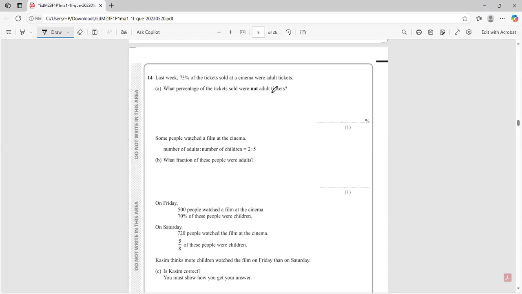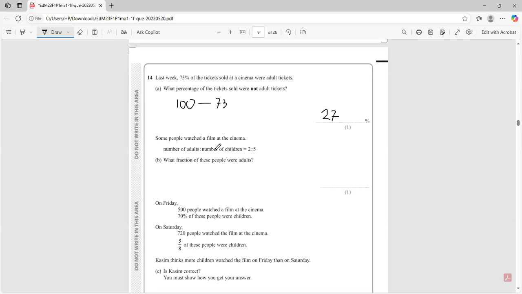Okay, so what do you think would be the answer to this question? 27%. 27%, thank you. And if you are to show your working, it will simply be by saying 100 minus 73. And that's your answer. 27 is the correct answer.